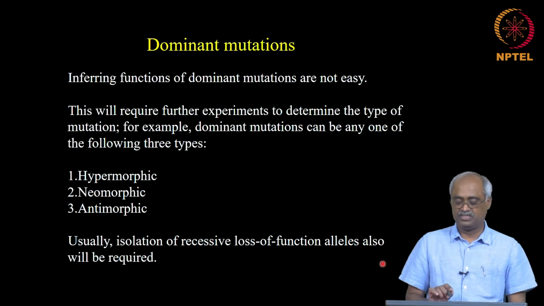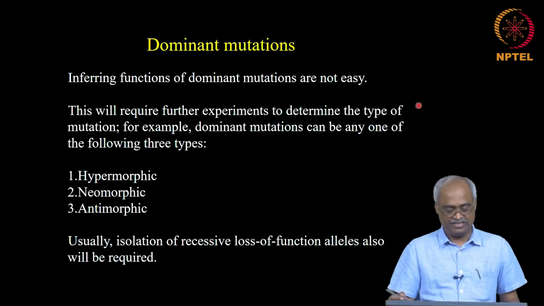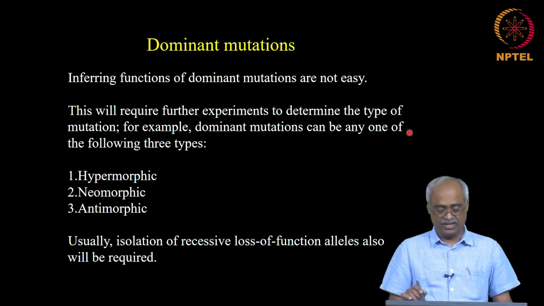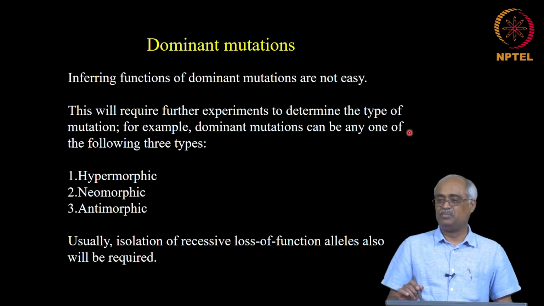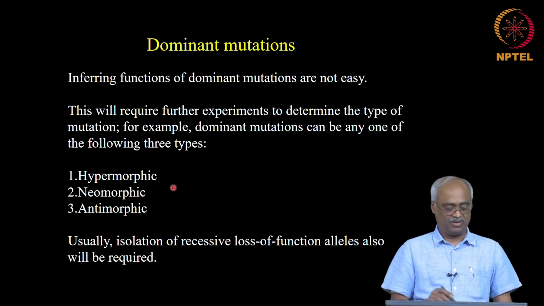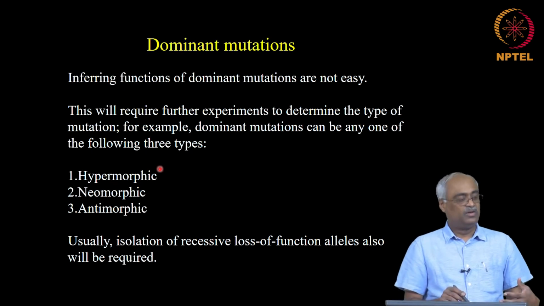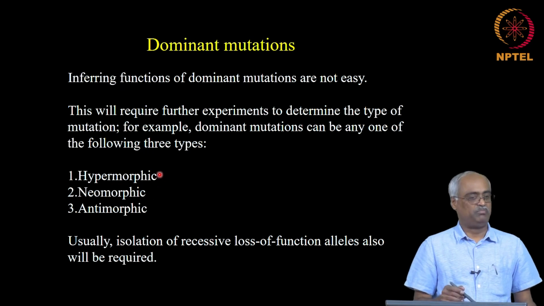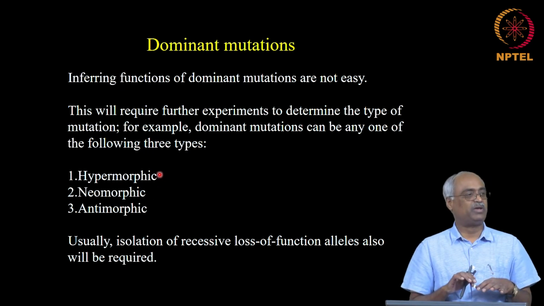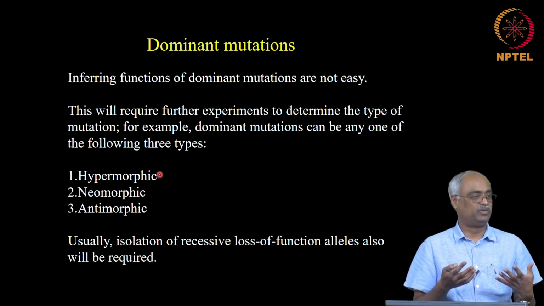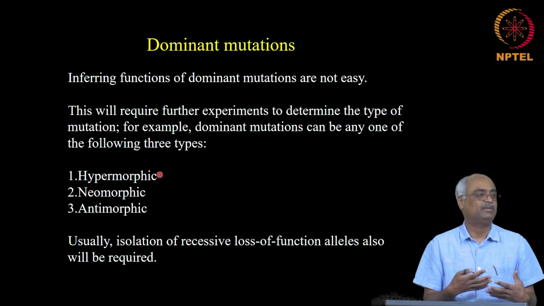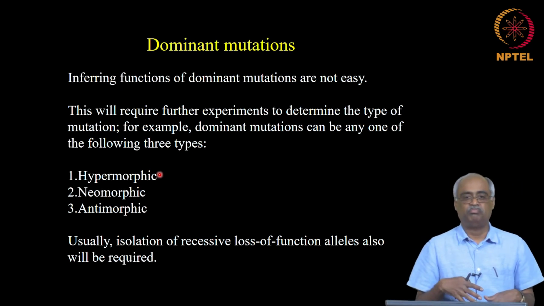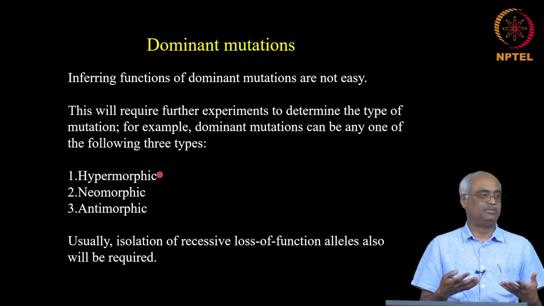Inferring functions of dominant mutations is not easy. This will require further experiments, because the dominant mutation could have arisen from any one of these 3 types. It may be hypermorphic, meaning normally expressed, now you are expressing a lot more, producing the gene product in multiple doses or at least more than normal.